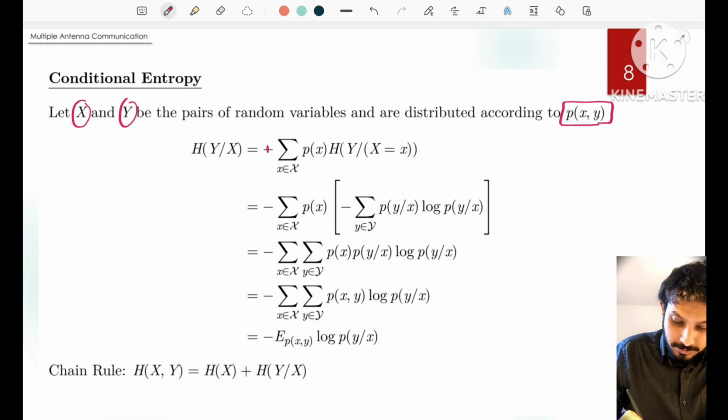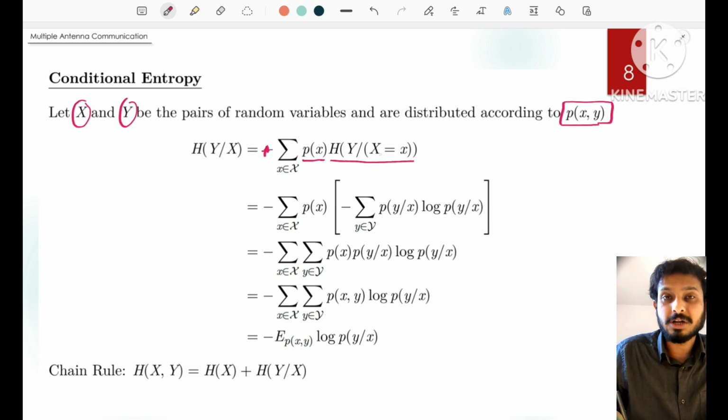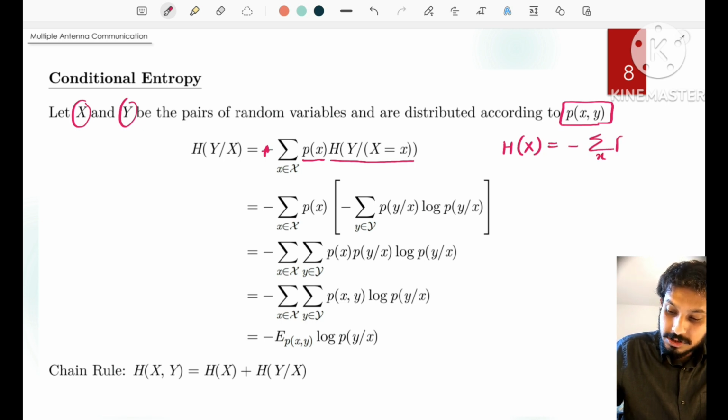It is the summation over x of the distribution of x times the entropy of Y when X takes on a particular value x. And from the entropy formula we know that H of X is equal to minus summation over x of p of x times log 2 of p of x.